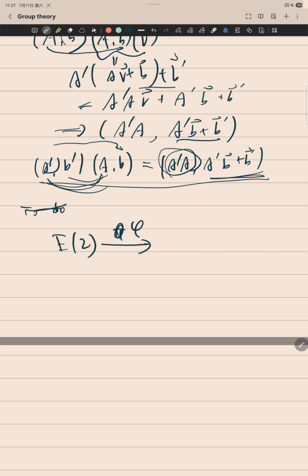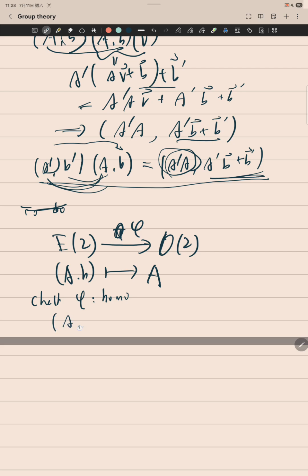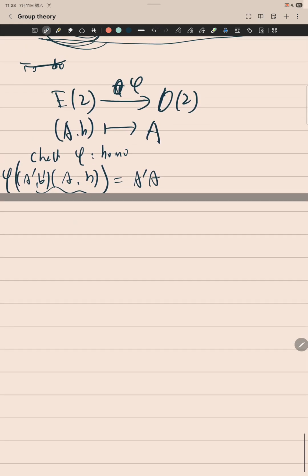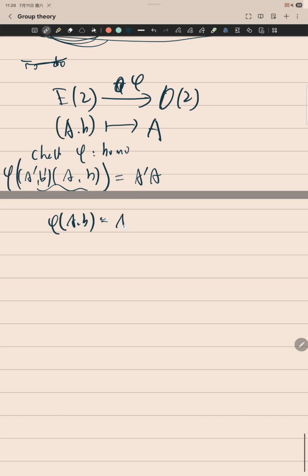This map phi goes to O2 by mapping (A, B) into A. The check is that this is a homomorphism, because if I apply it to the composition I get A'A, and if I apply phi to (A, B) I get A, and if I apply phi to (A', B') I get A'. So obviously this is a homomorphism.